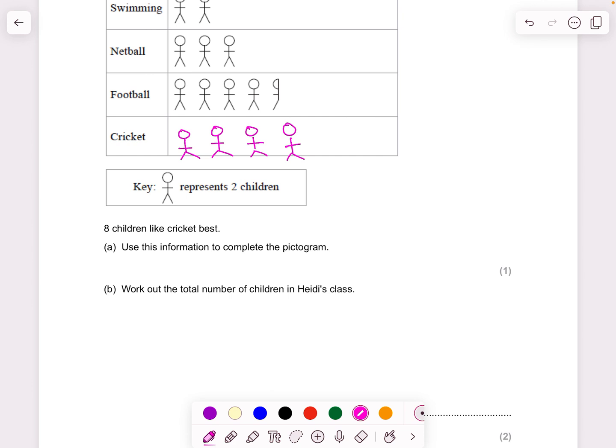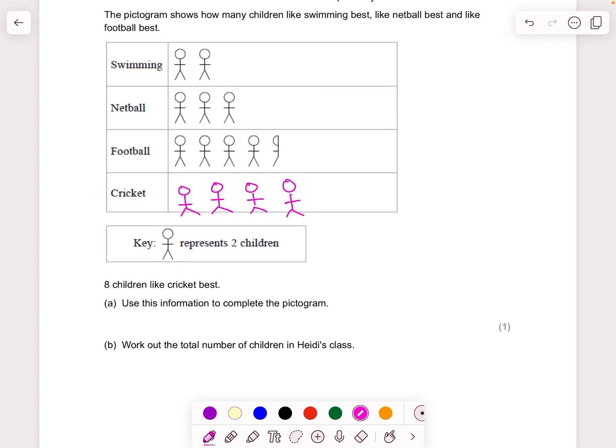Work out the total number of children in Heidi's class. So we need to add them all up. What I suggest you do is you count in 2s, and I'll cross them off as I go along. So 2, 4, 6, 8, 10, 12, 14, 16, 18, 20, 22, 24, 26.